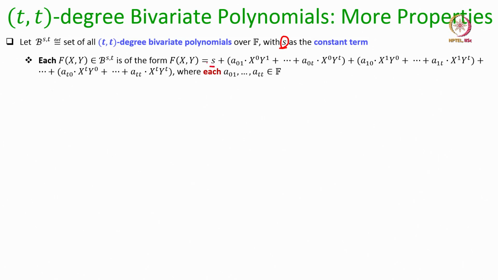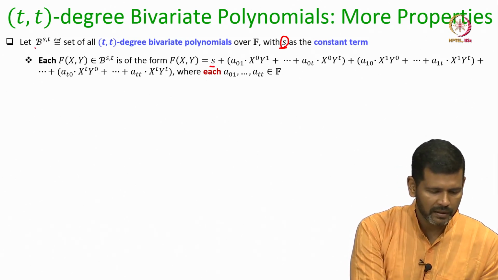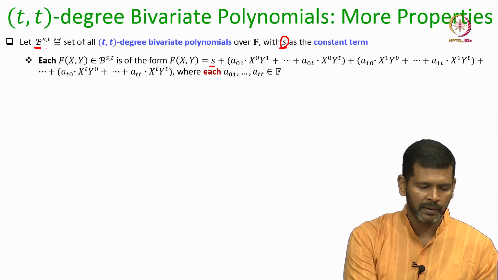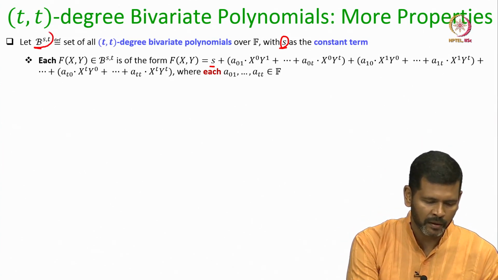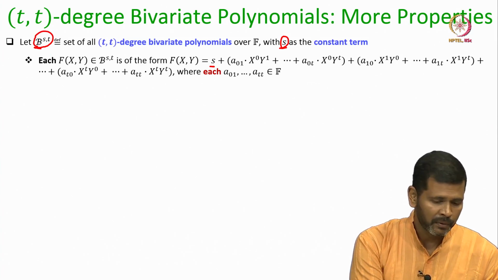So, all such polynomials will constitute a set. I denote that set as this fancy B, and in the superscript we have s and t. This set will denote all bivariate polynomials, and from now onwards I will not be saying that the degree is t in x and degree is t in y.